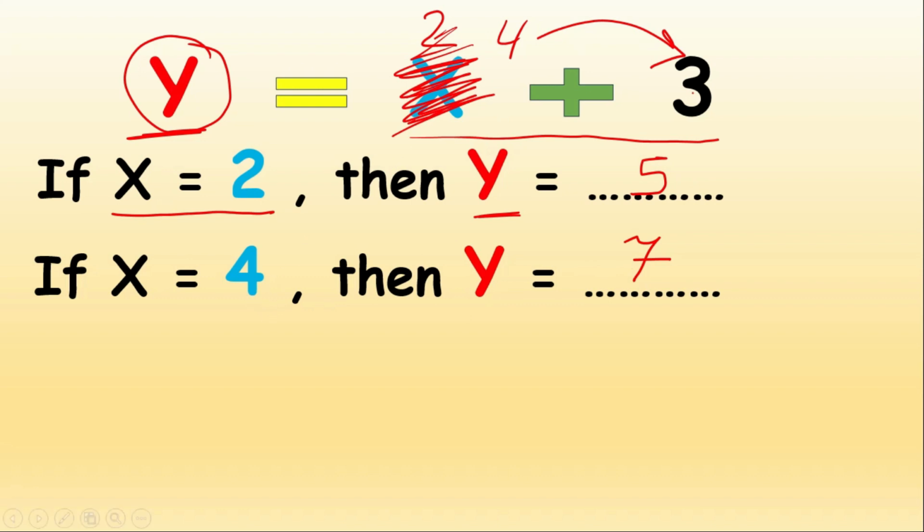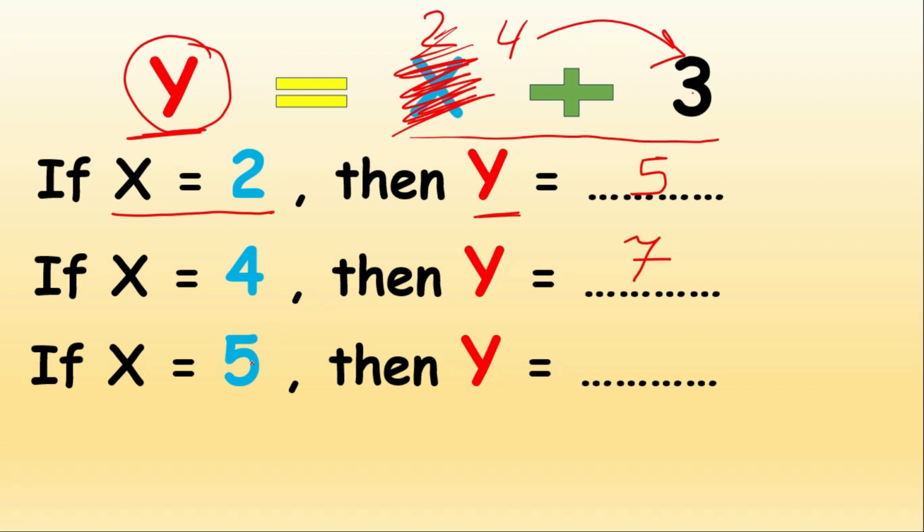Got it? Another one. If x equals 5, يعني هنreplace x by 5. شيل x دي خالص كده ونكتب 5. Okay, and then 5 plus 3 equals what? Equals 8. 8 is the value of y.